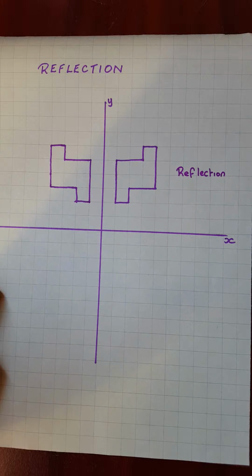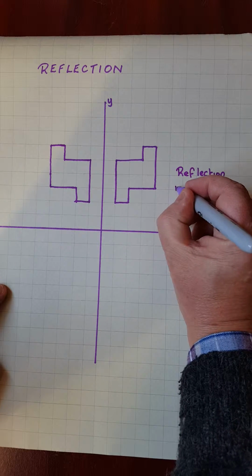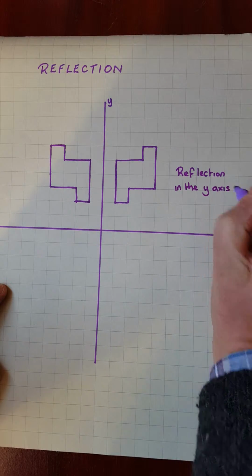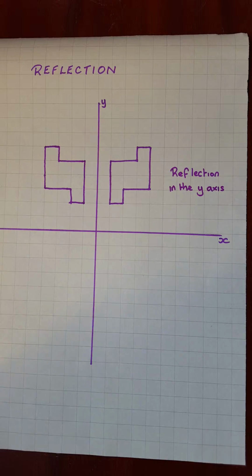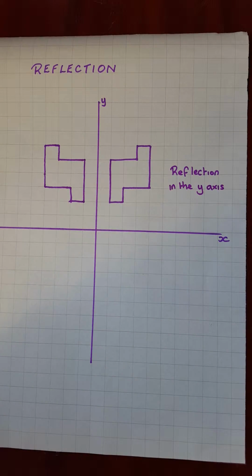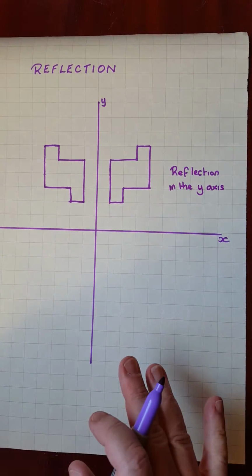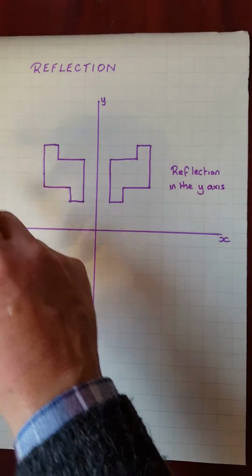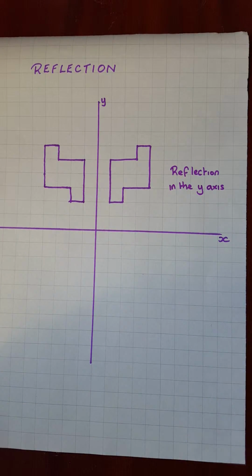It's not an enlargement, it's not a rotation, it's a reflection in the y-axis. Because for your second mark, you're going to tell them where it's reflected, because of course it could be reflected anywhere, couldn't it? It could be reflected over here, it could be reflected by some random line somewhere else. So first of all you're saying it's a reflection, and then you're saying how it is reflected.